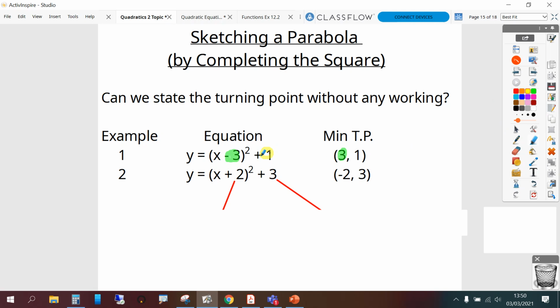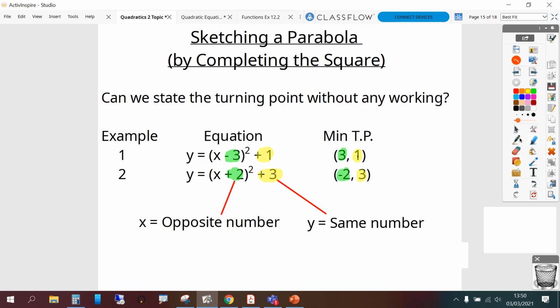And then we've got +1, and that's +1. So what we have is the x value is the opposite number, and the y value is the same number, and you can see it in this one as well. +2, -2. +3, +3. So that's the shortcut.